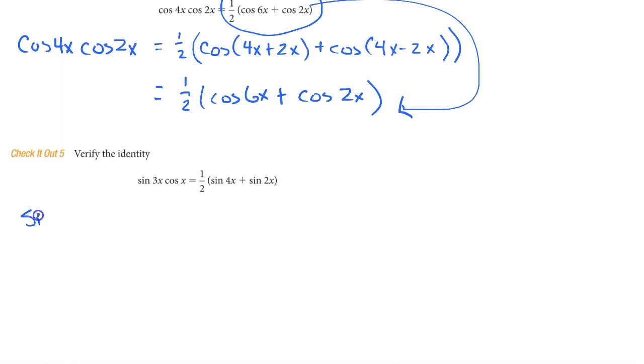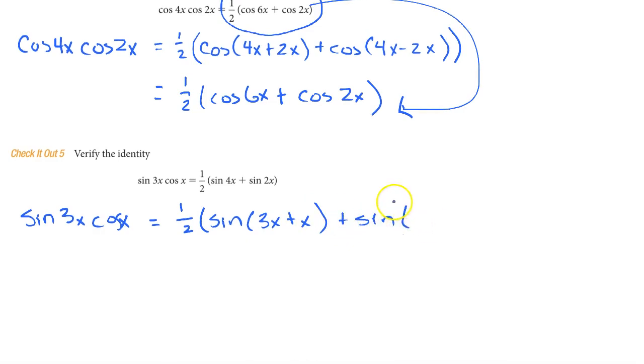All right, so sine of 3x cosine x. We have sine of a, so 3x is a, and cosine x, x is b. And so we're going to use the product identity of sine A cosine B, and we get 1/2 sine of 3x plus x, so A plus B, plus sine of A minus B, which is 3x minus x.